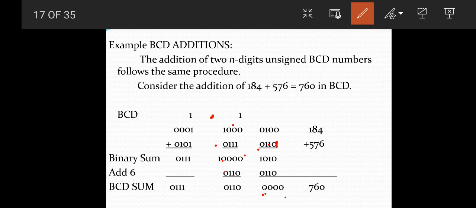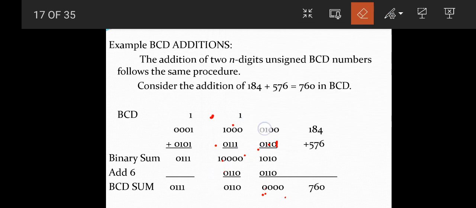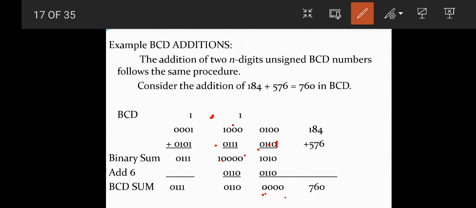Carry 1. 0 plus 0, 0. And then 1. So this one has a carry now. So you have to put your carry above. So if you're going to add the 3, 1, it will result as 1.